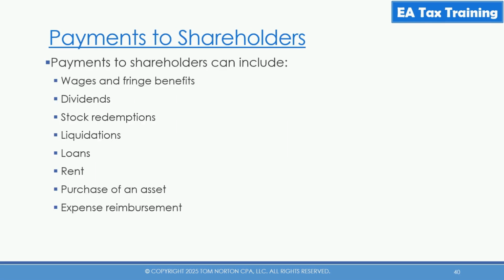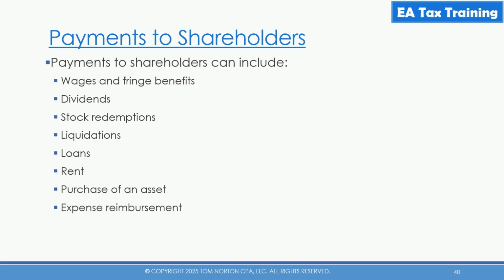There are a lot of ways that a corporation can make payments to a shareholder. So we are going to talk about several of these. First of all, they can pay the shareholder wages and fringe benefits if that shareholder works in the business, which, of course, in a closely held or private corporation, the shareholders often do work in the business. The corporation can pay dividends, as we have discussed.